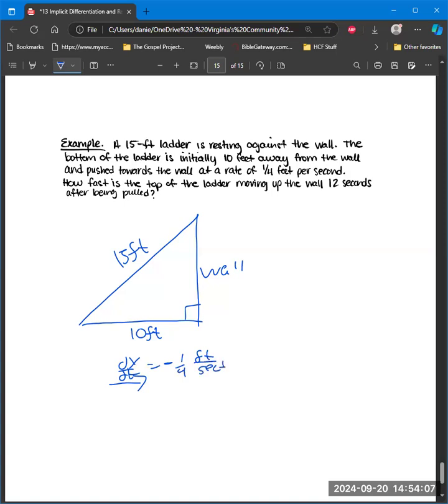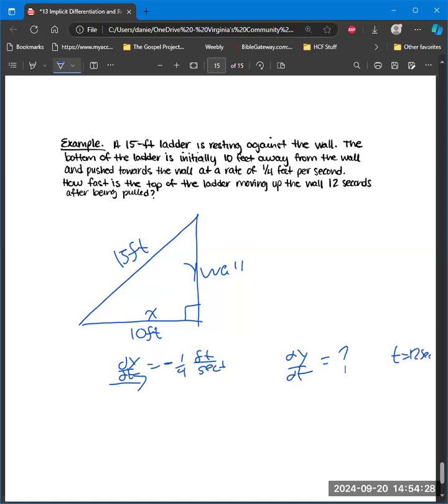Since it's being pushed towards the wall, I'm losing this distance x. That's why this is negative. How fast is the top of the ladder moving? This should be a positive number since it's going up the wall when t equals 12 seconds.